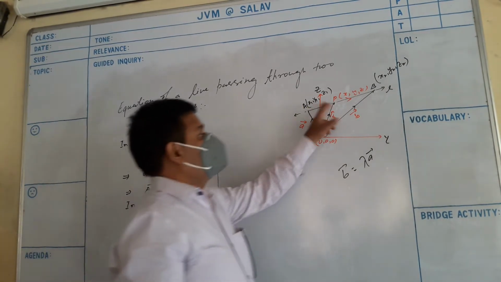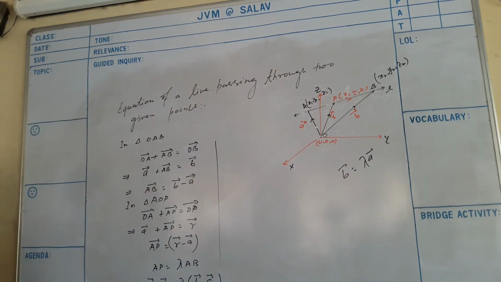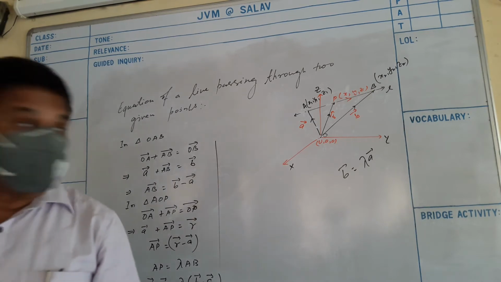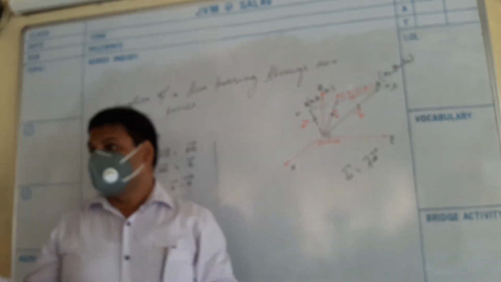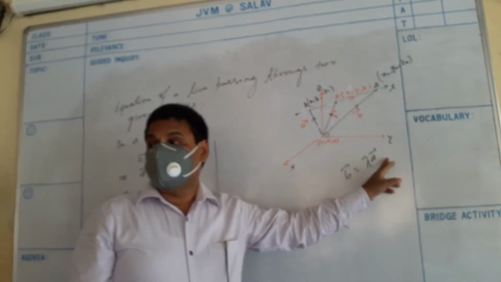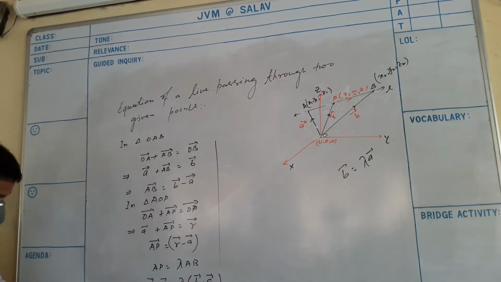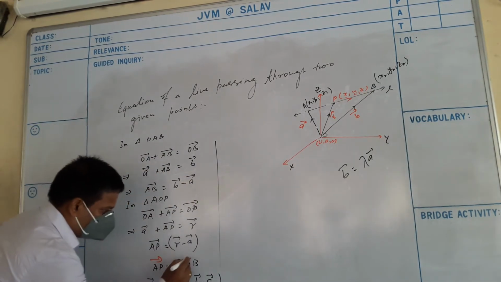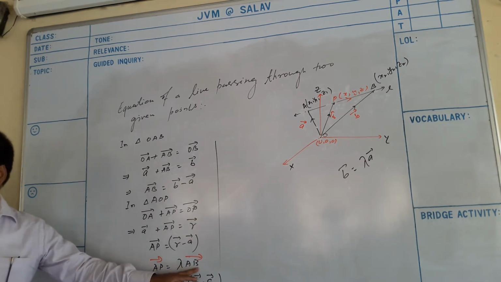Since AP and AB are on the same line, both are collinear. What is the definition of collinear? If two vectors are collinear, then vector B is equal to lambda vector A. So here AP and AB are two collinear or parallel vectors, so vector AP is equal to lambda vector AB.